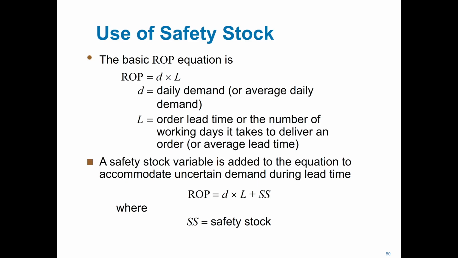We have ROP is equal to D times L. We have discussed this earlier, but now we are adding this safety stock here. So the reorder point will include the daily demand times lead time plus some safety stock, and that will be the reorder point.